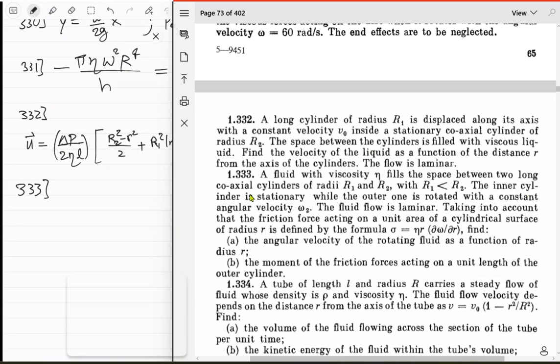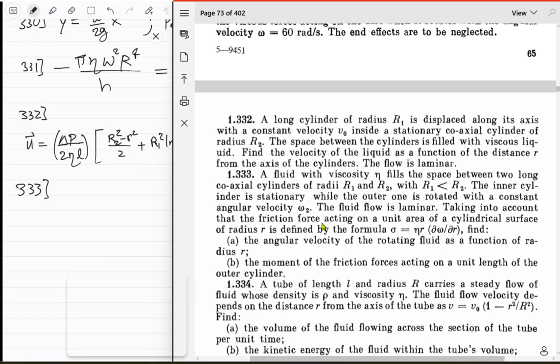The inner cylinder is stationary while the outer one is rotated with a constant angular velocity omega 2. The fluid flow is laminar, taking into account that the friction force acting on a unit area of a cylindrical surface of radius r is defined by the formula sigma is equal to eta r partial omega upon partial r.